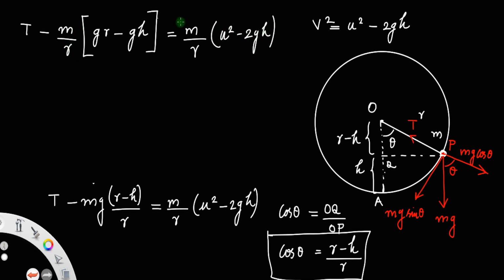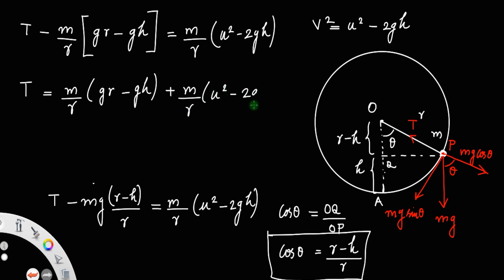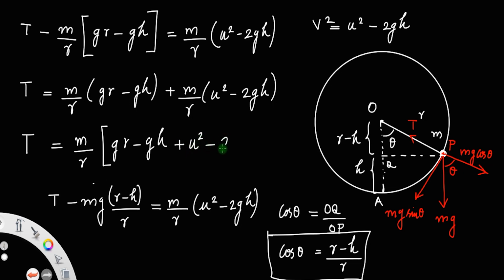If you take this mg(r minus h)/r to the right, you get T is equal to m by r (gr minus gh) plus m by r (u square minus 2gh). And again from these two terms you can take m by r outside. So this will be m by r into (gr minus gh plus u square minus 2gh).